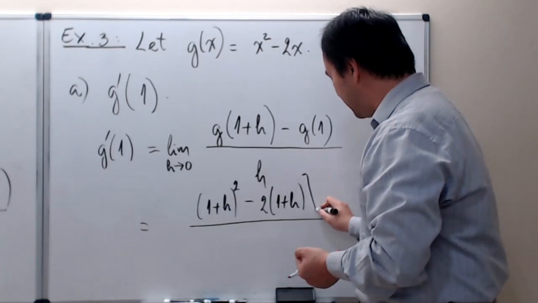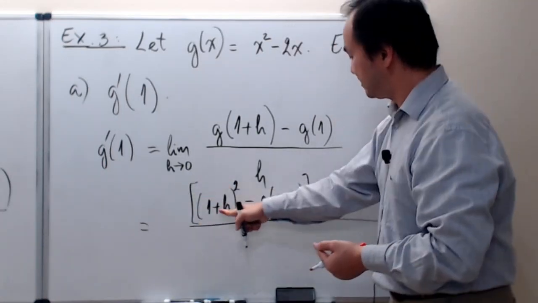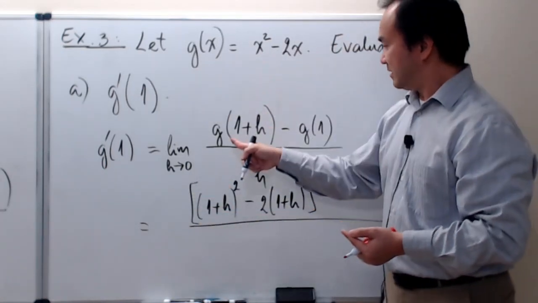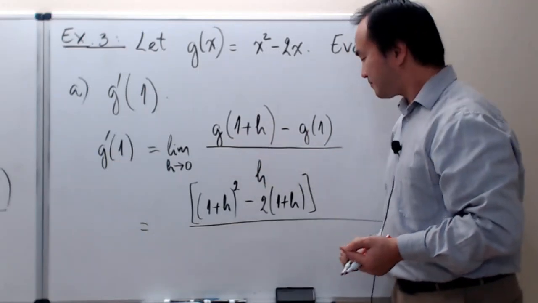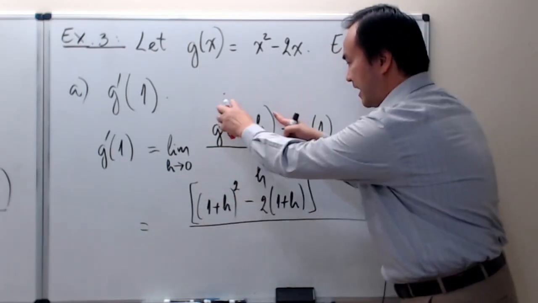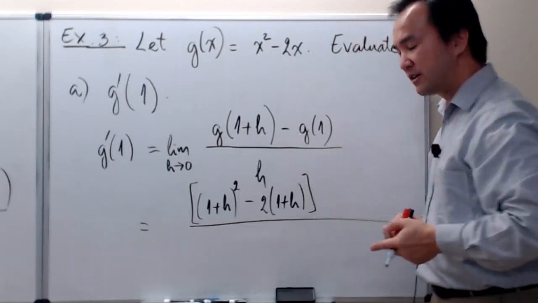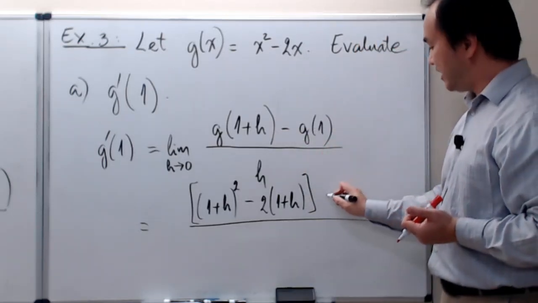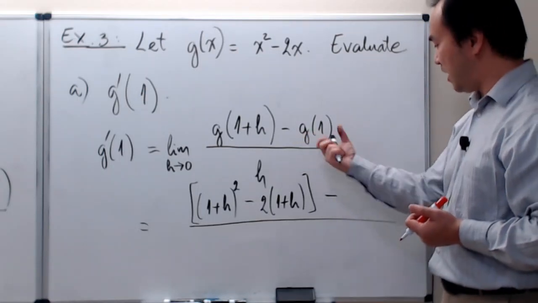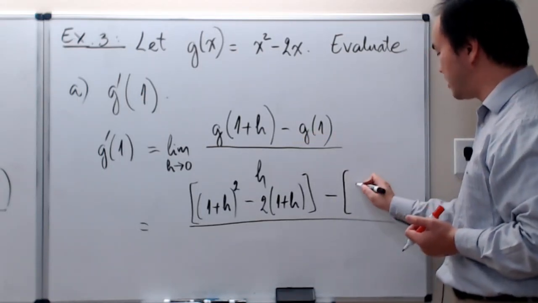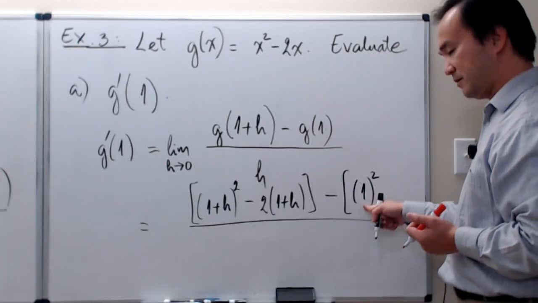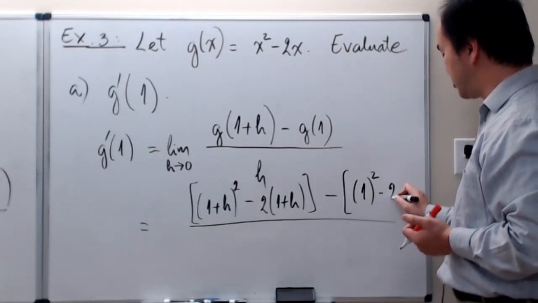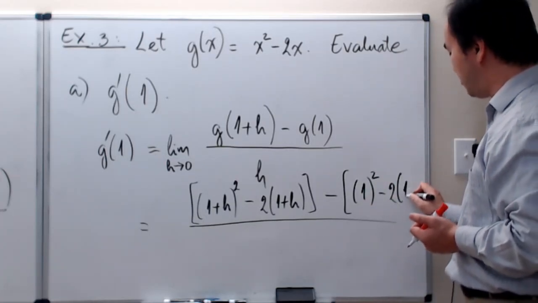All this replaces my g of 1 plus h. That only took care of the first term in the numerator of the difference quotient. But now we need to subtract. So now g of 1, and once again I'm doing input squared. The input now is 1 minus 2 times the input being 1.